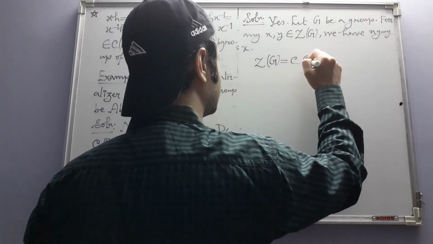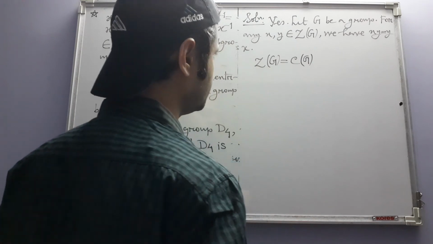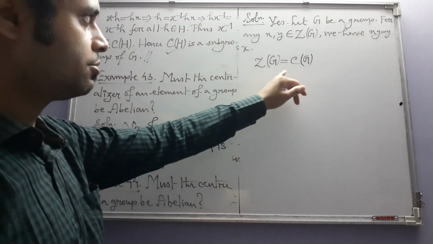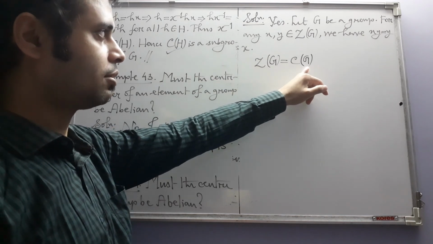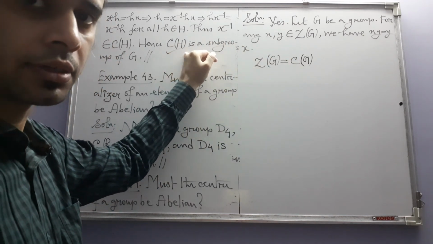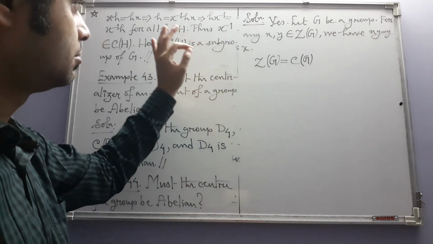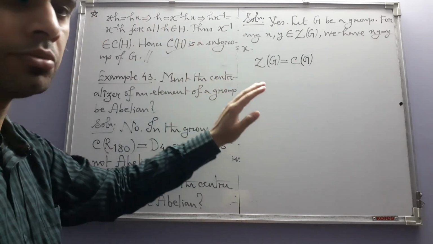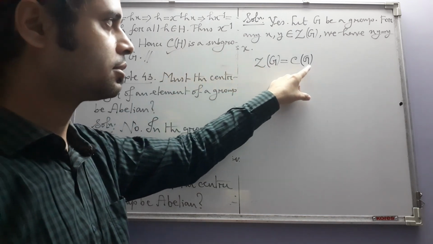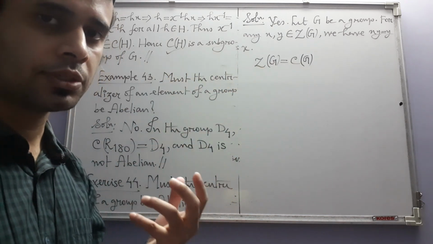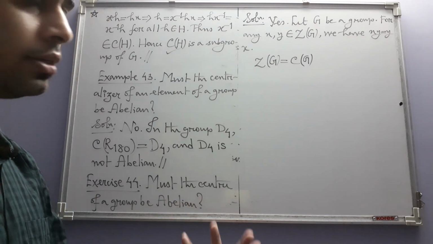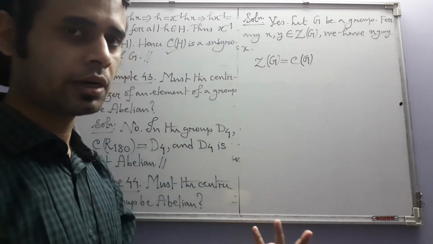Isn't it the centralizer of the whole group? Because you see, according to the definition of centralizer, C(H) consists of those elements of G that commute with all the elements of H. In that sense, C(G) will consist of those elements of G that commute with all the elements of G. In other words, central elements.